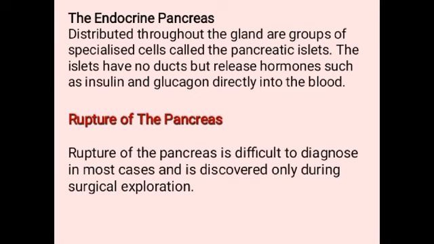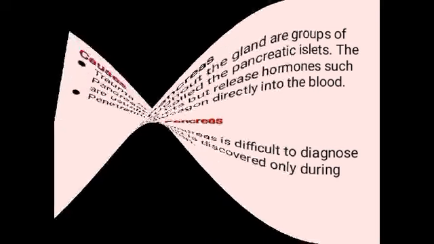So it can mostly be found during surgical exploration, whereby a surgical procedure is done just to examine the organs of the abdomen for any abnormalities that can be causing damage, not primarily to diagnose the pancreas, but it can be found during that exploration.